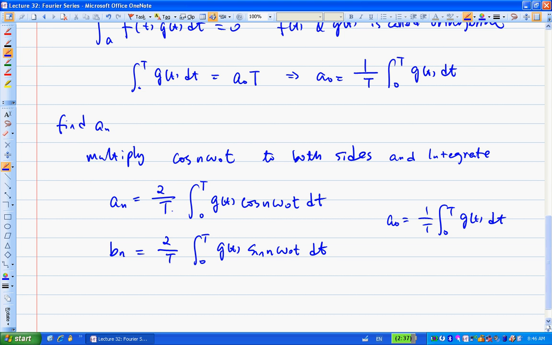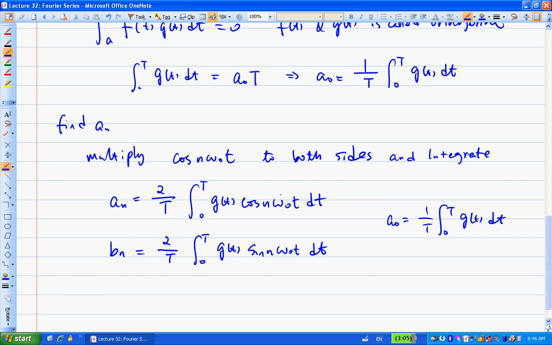You look at the graph, at what time the pattern is repeating itself. That's the period. Then you figure out this omega naught, which is based on the period, 2 pi over T. Then you integrate, keeping n as a general number. Do the integral, and that's going to be your a_n and b_n.